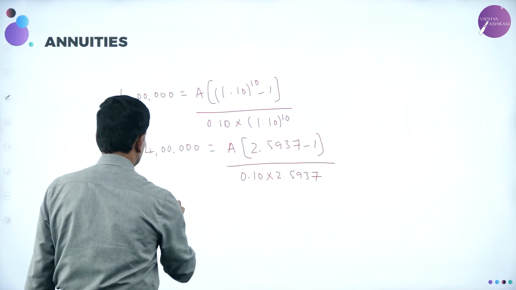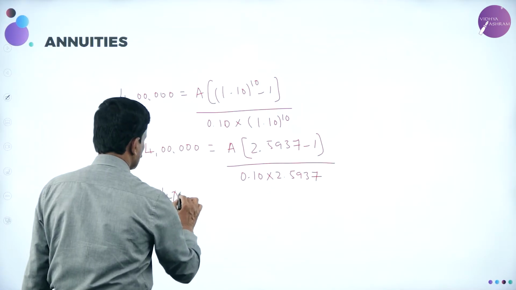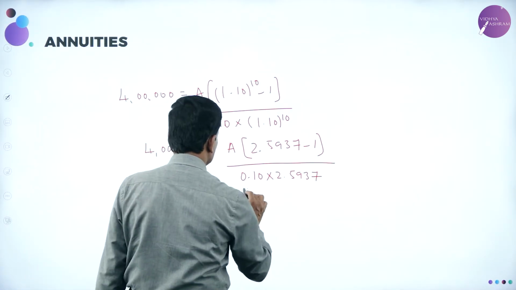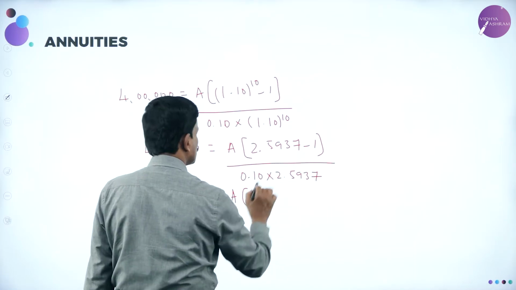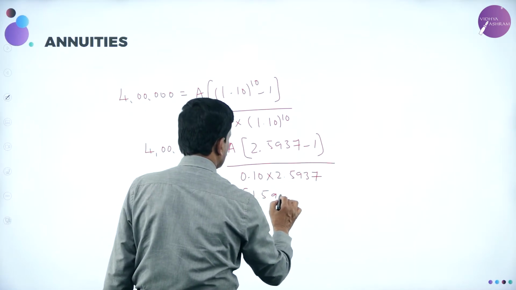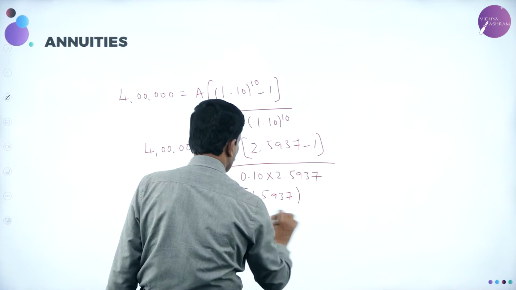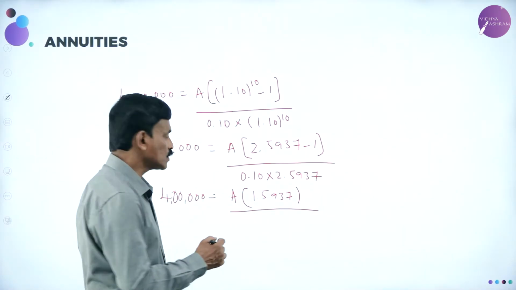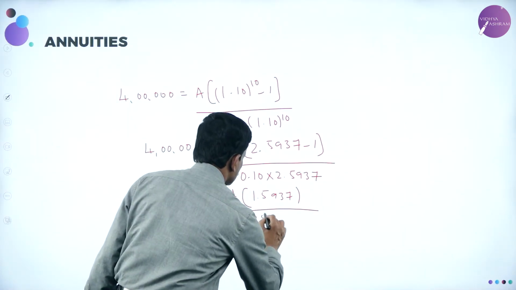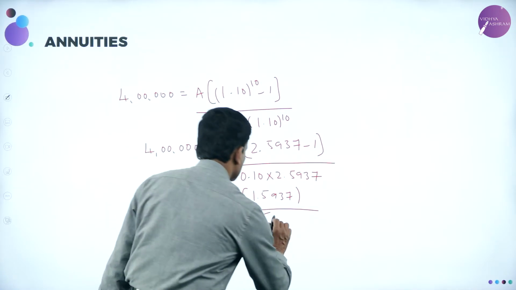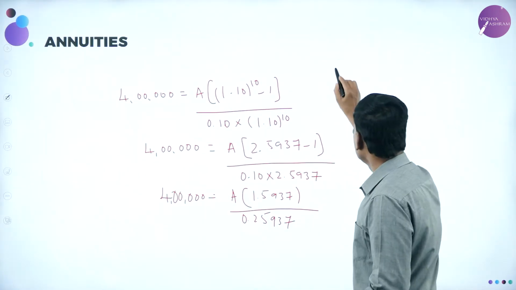This is 2.5937. So therefore 4 lakhs is equal to A into this. If you simplify, 2.5937 minus 1 is 1.5937 whole divided by, so this is equal to 0.25937. Now simplify this.